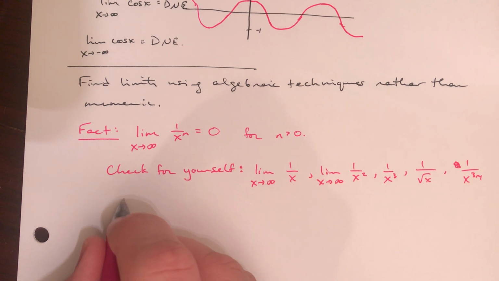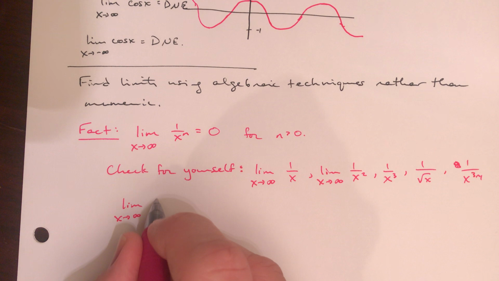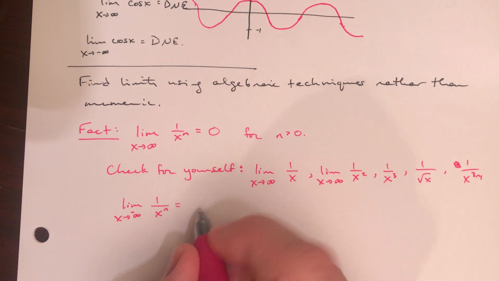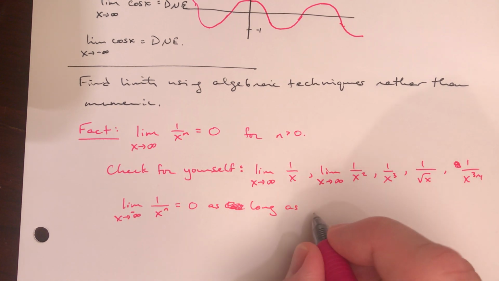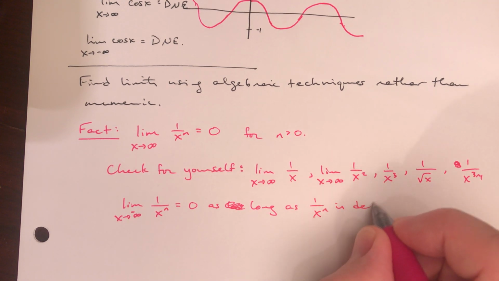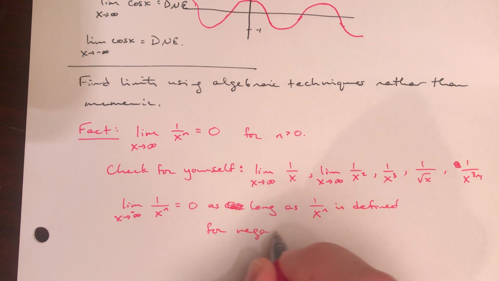And then a second fact: the limit as x goes to negative infinity of 1 over x to the n is going to be 0 as long as 1 over x to the n is defined for negative values of x.